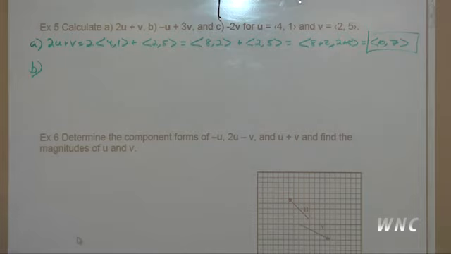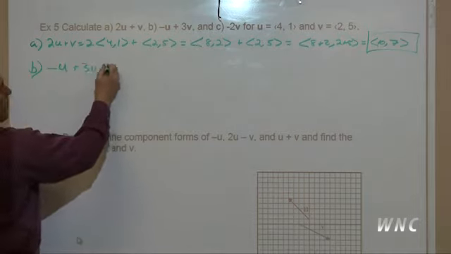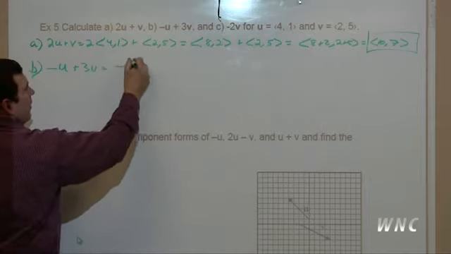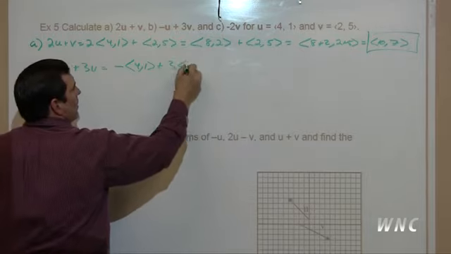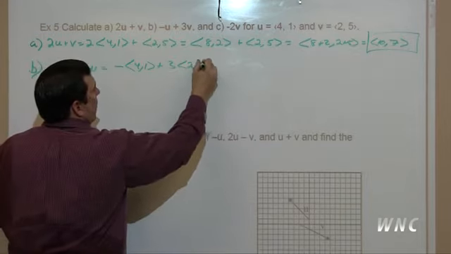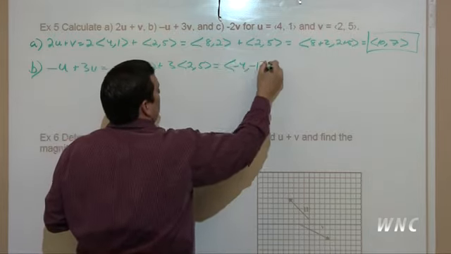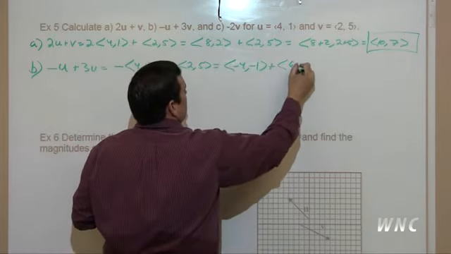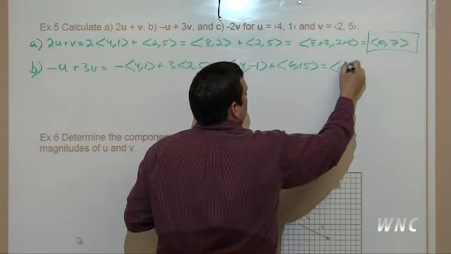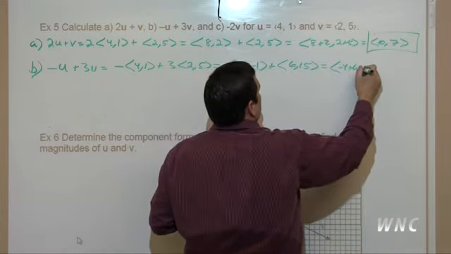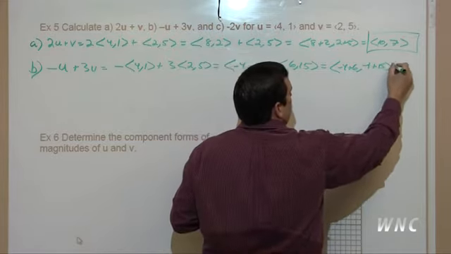Okay. Now for B, we're looking at negative u plus 3v. That's going to be the negative of 4, 1 plus 3 times the 2, 5. So that's negative 4, negative 1 plus 6, 15. So that's going to be negative 4 plus 6, comma, negative 1 plus 15.